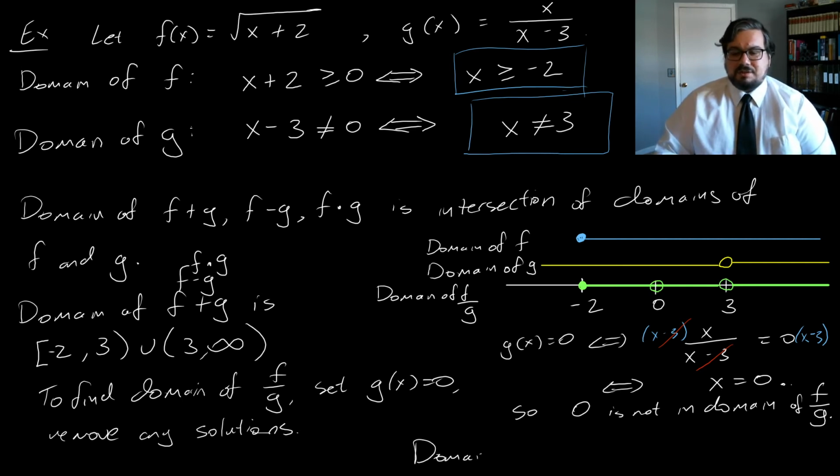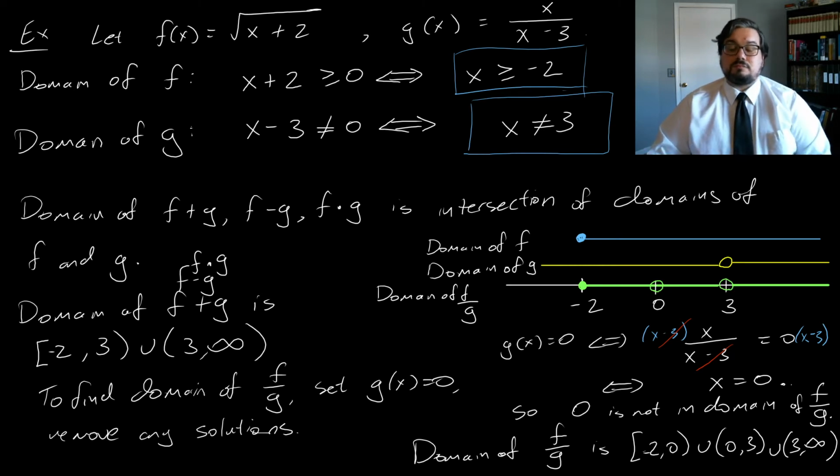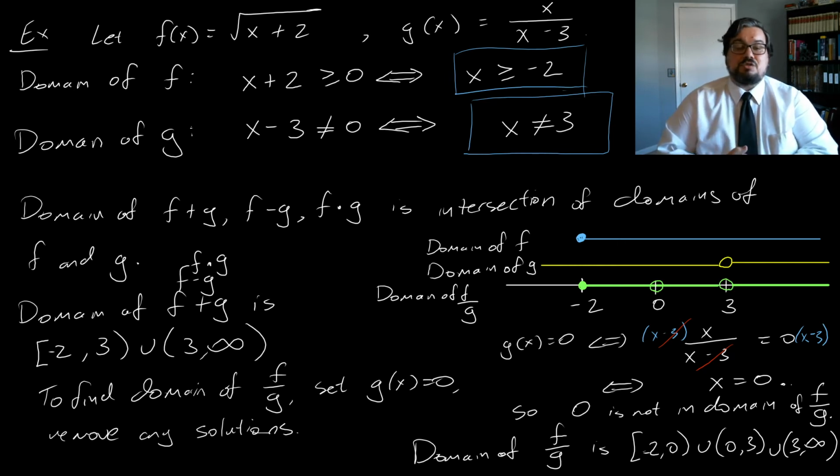So that means that the domain of f over g is the interval from -2 to 0, unioned with the interval from 0 to 3, unioned with the interval from 3 to infinity. So this is the way that we can find the domains of the sum, difference, product, or quotient of functions.